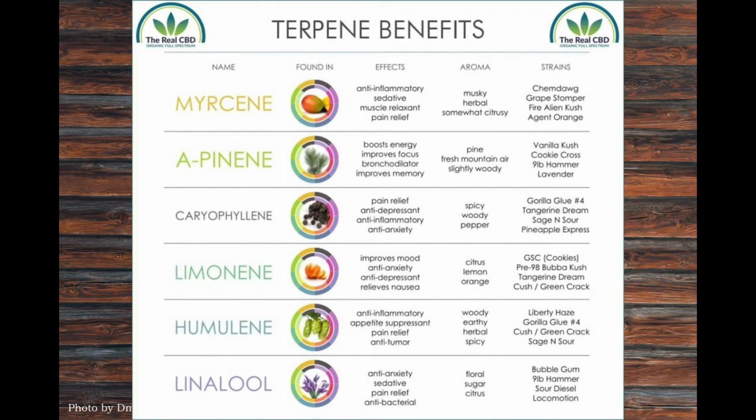Musky, herbal, somewhat citrusy, and that would be Chemdog, Grape Stomper, Fire Alien Kush, or Agent Orange, actually a cannabis called Agent Orange. Pine, fresh mountain air, slightly woody aroma: Vanilla Kush, Cookie Cross, 9-pound Hammer.